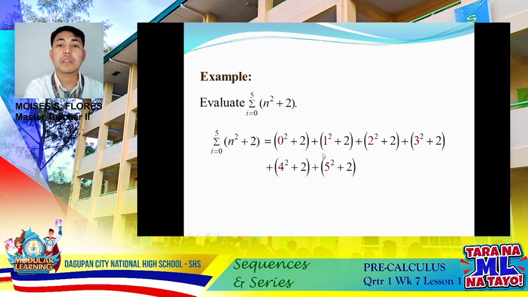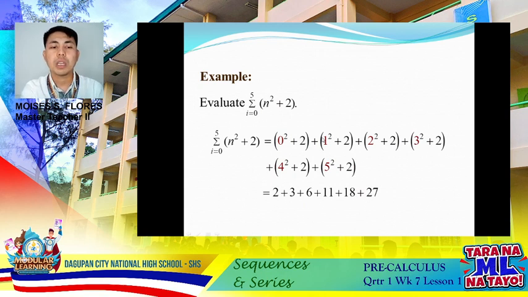Then of course, after substituting, simplify it further. From there, we have 2 plus 3 plus 6 plus 11 plus 18 plus 27. So our final answer there is simply 67. So again, the summation of the expression n squared plus 2 as n goes from 0 to 5 is simply 67.